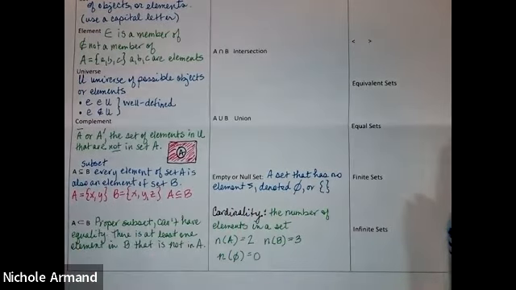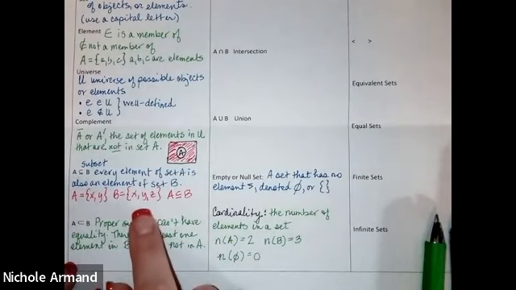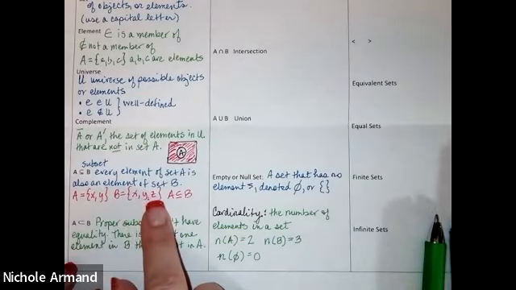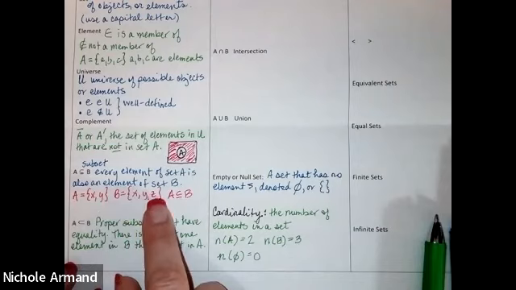Okay, so just to add another little note here, if you are given a set such as the set B, X, Y, Z, then you can make quite a few different subsets out of the set B. You can make all the sets that have just a single element.